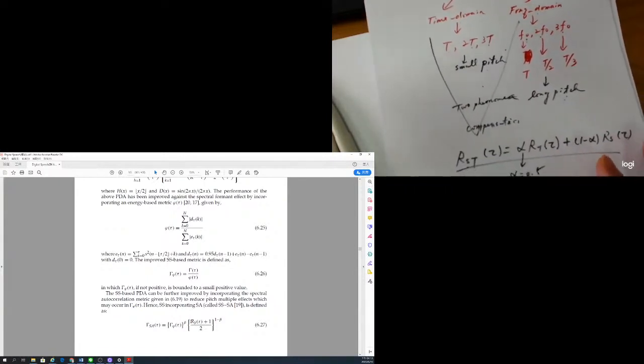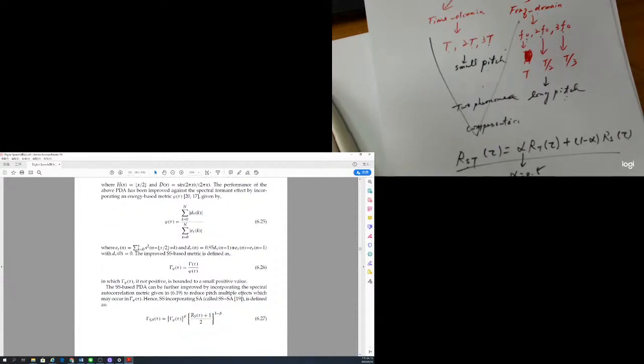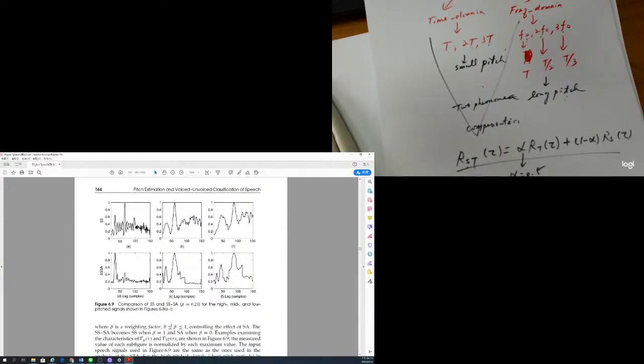Their cost function is not just a linear combination. They are using more like a multiply. According to the reference paper, they are using the multiply and using beta, but they didn't give the physical meaning. You have to go back and check their paper to know why they are using this combination to become a new cost function.